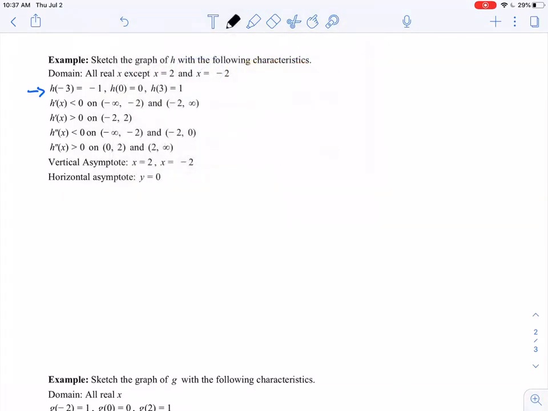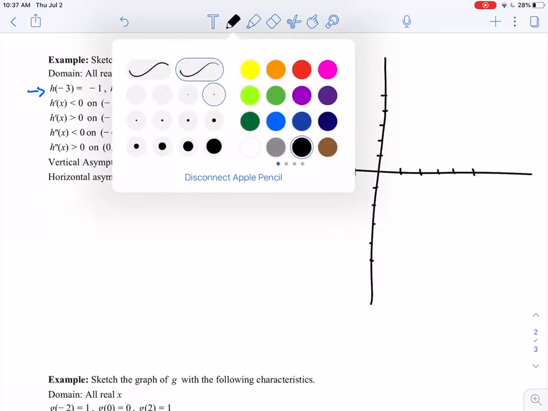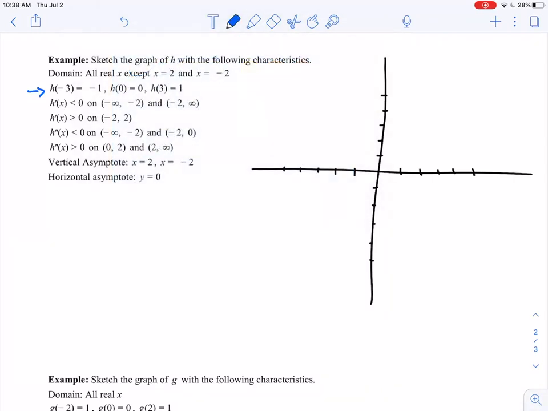So let's go ahead and construct our coordinate axis here. Let's do 1, 2, 3, 4, 5. 1, 2, 3, 4, 5. 1, 2, 3, 4, 5, and 1, 2, 3, 4, 5. So there is my coordinate axis. I have some points. I have a point at -3, -1, so I've got a point right here.